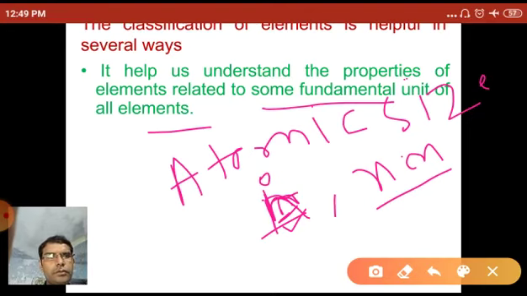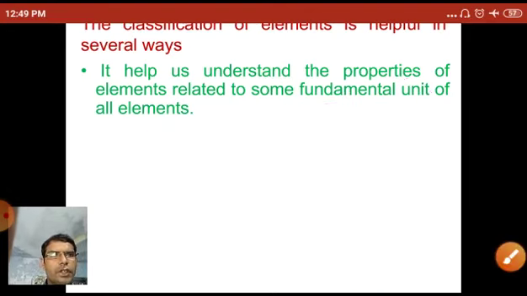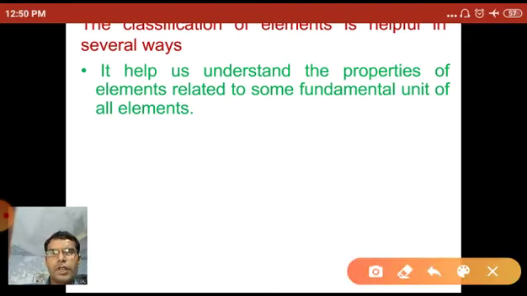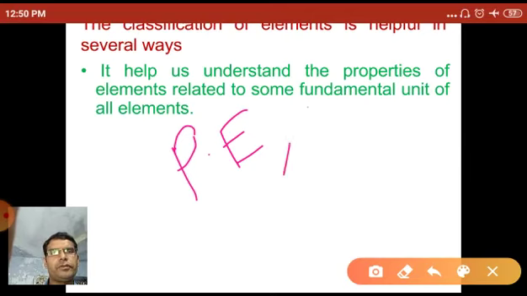Also, we can relate the potential energy, ionization energy, electronegativity, and their fundamental units for all the elements.